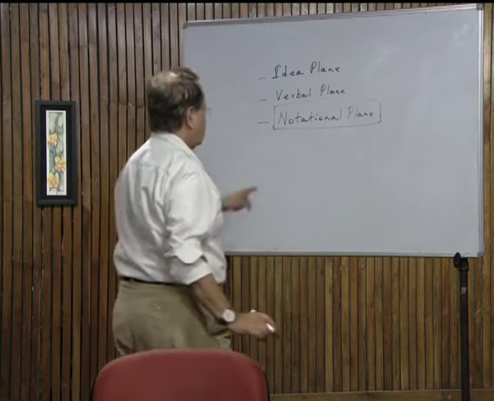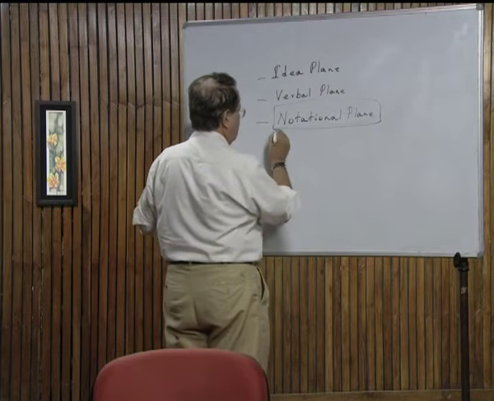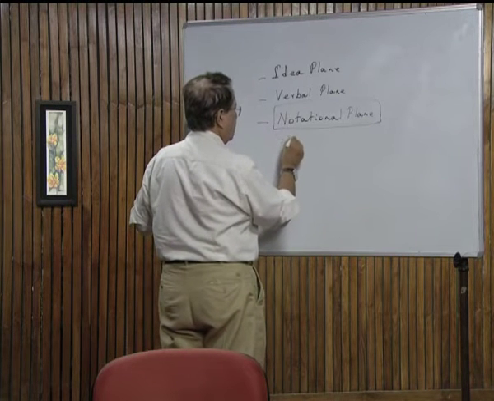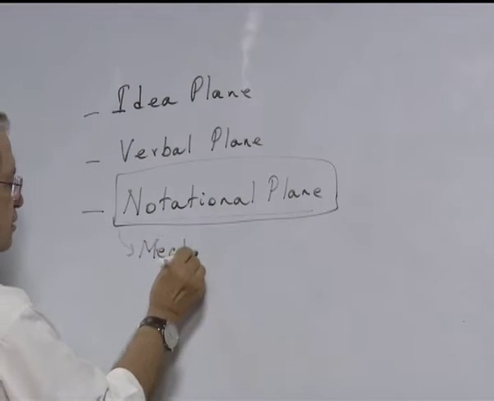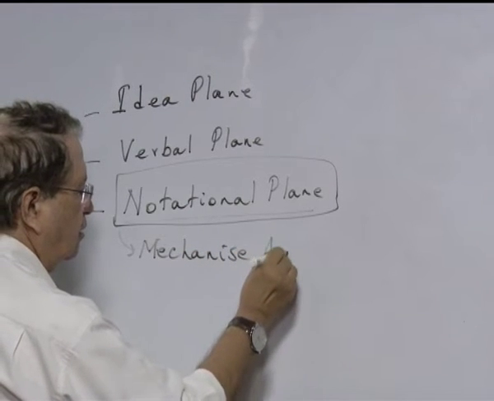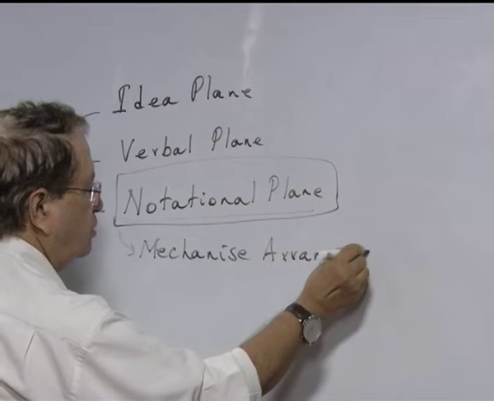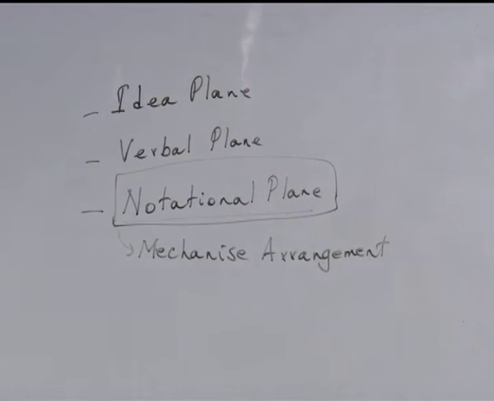Now, the notational plane is important because it in a way mechanizes the arrangement. When we use the term mechanize, what it implies is that we have to use a minimal part of our reasoning ability.